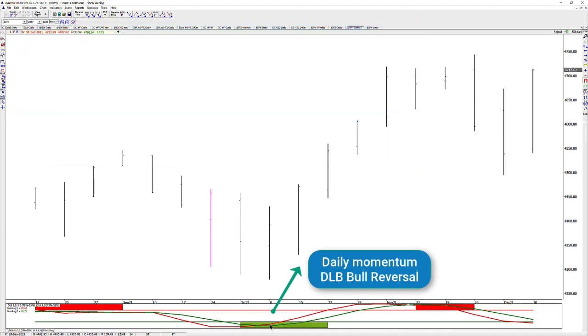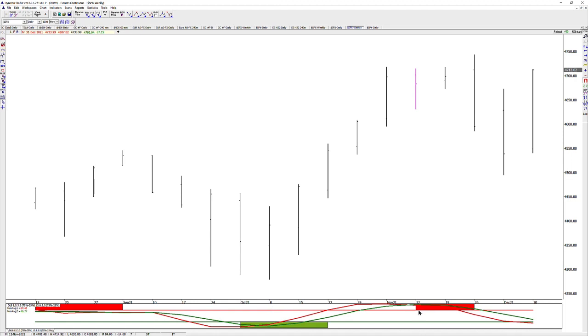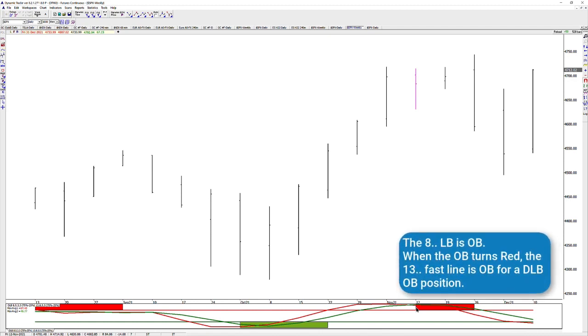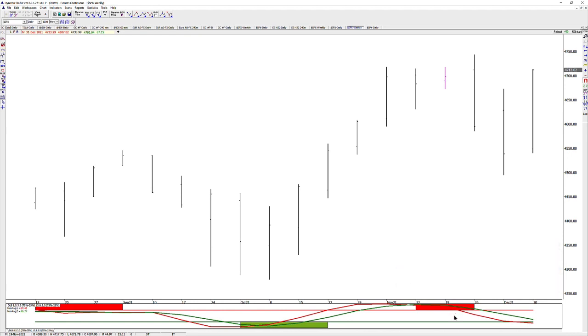So again, at this point in time, we already know the 8 look back is overbought. And as of when it turns red here, the 13 fast line has reached overbought. So if we make a bear reversal in the 8, that's called a dual look back bear reversal. Every reversal is not dual look back.